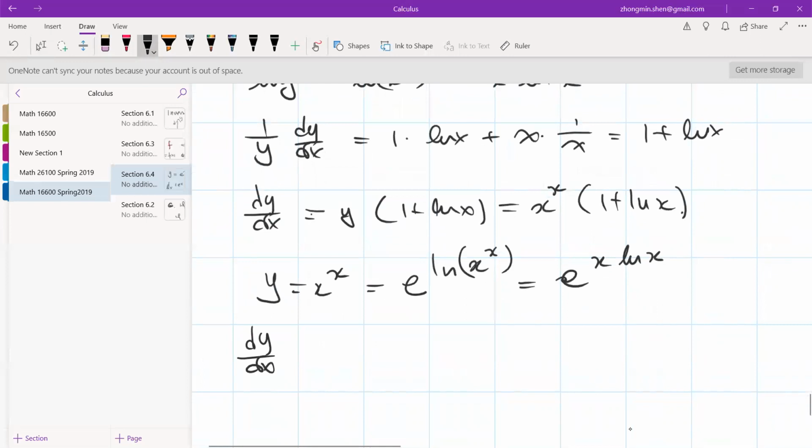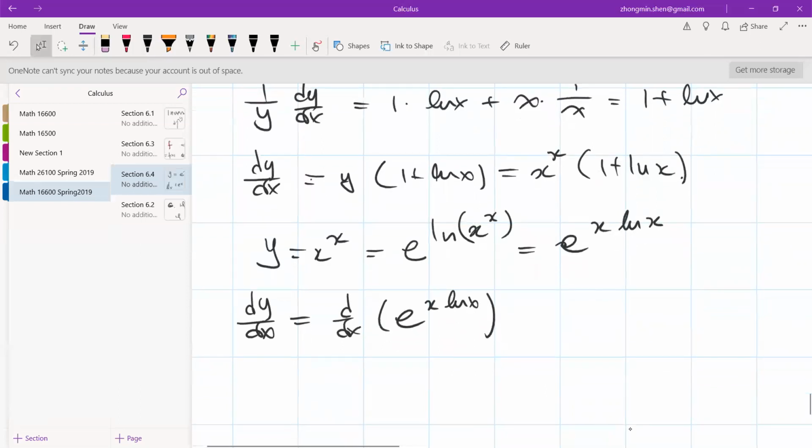So dy over dx is going to be the derivative of e to the x times natural log x. So that is going to be the function itself times the derivative of x times natural log x.